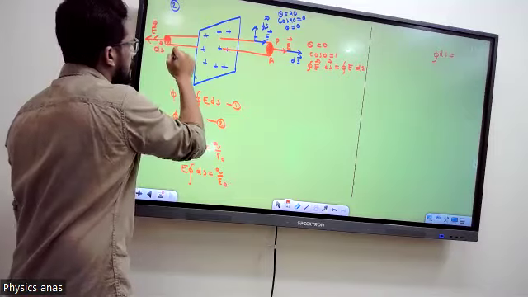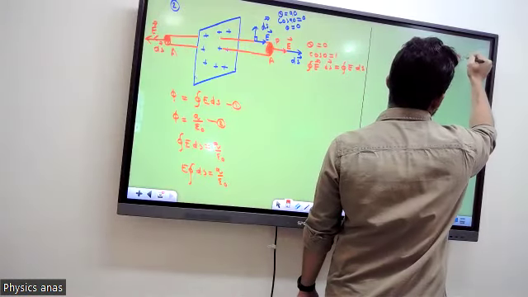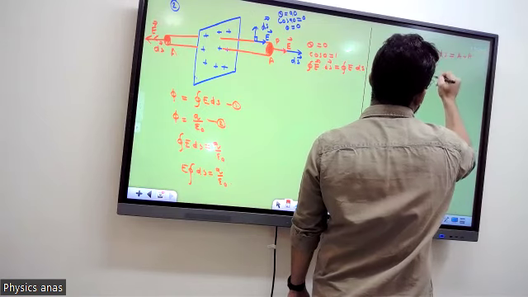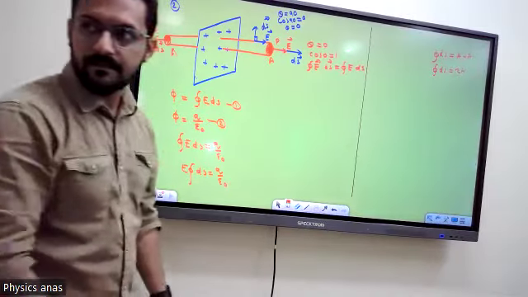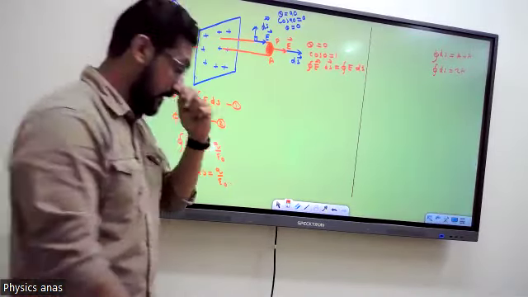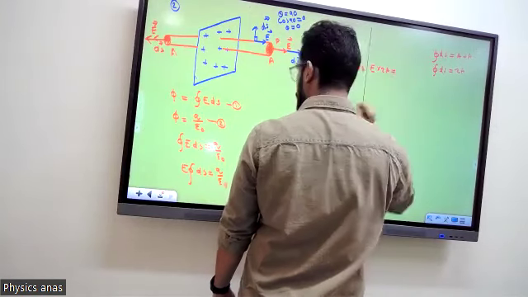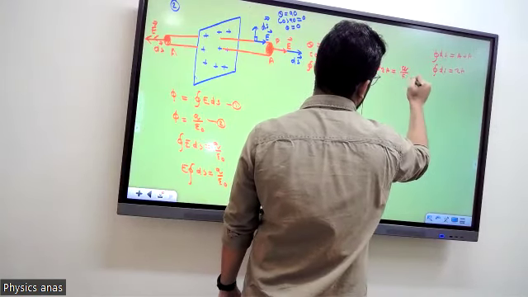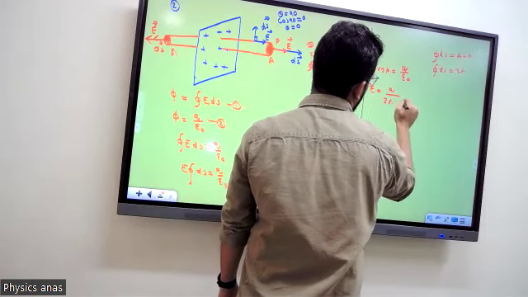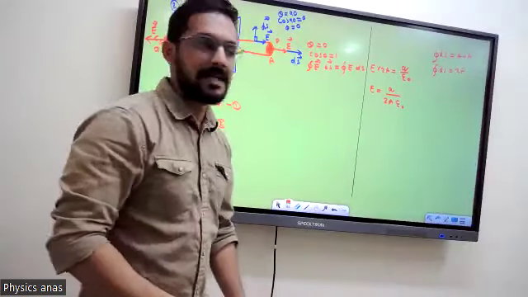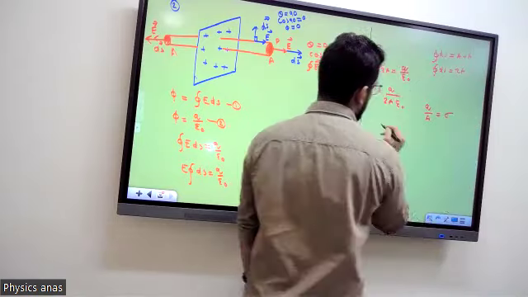So here you get A and here you get A. The whole area will be A plus A. Integral ds will be 2A. You can use 2A now. So E into 2A will be equal to Q by epsilon naught. So E will be Q divided by 2A epsilon naught. What is Q by A? Q by A is the surface charge density sigma.